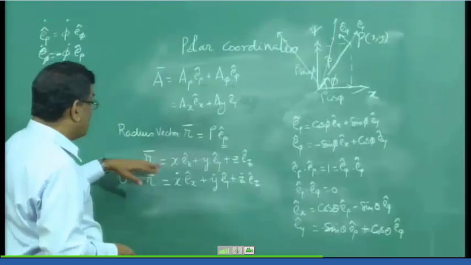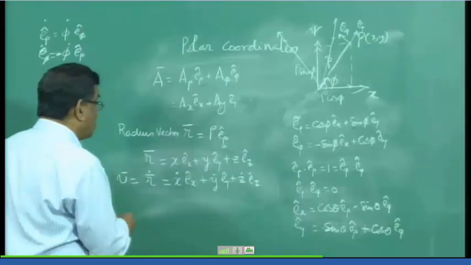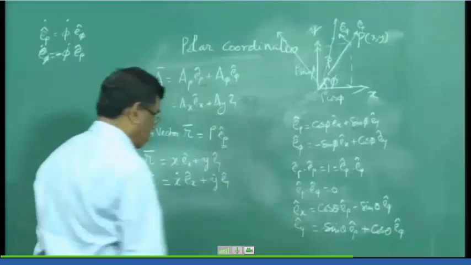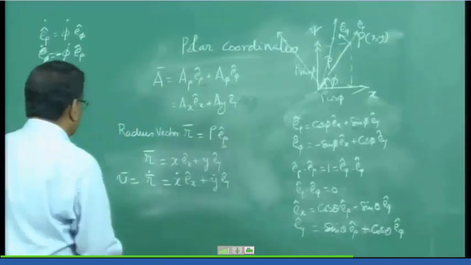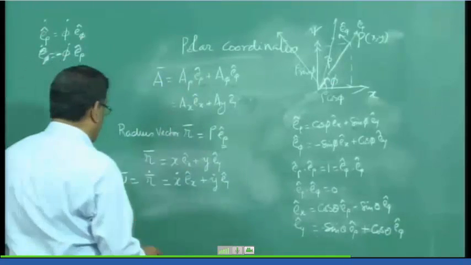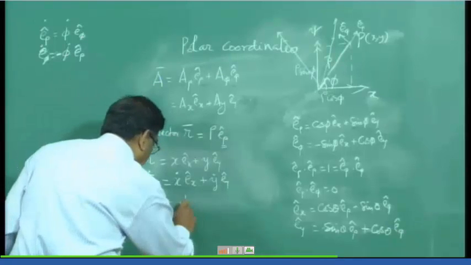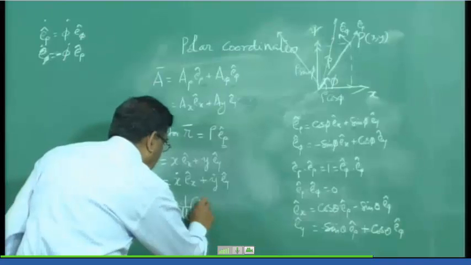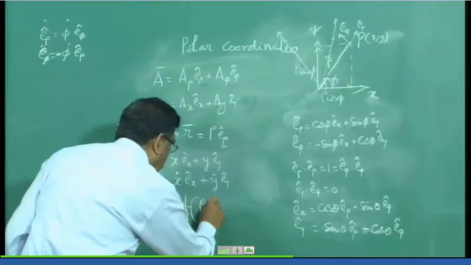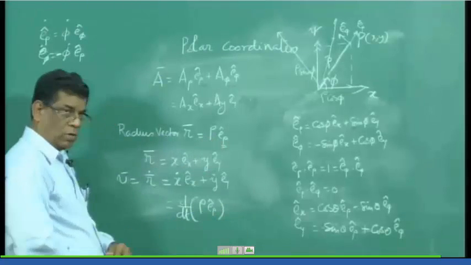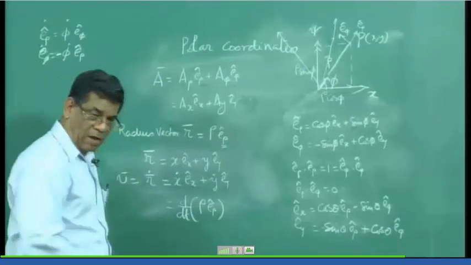But the same is not true here. I will again use only two dimensions. So here it will be d by dt of rho e rho. Instead of r, I should put rho e rho.